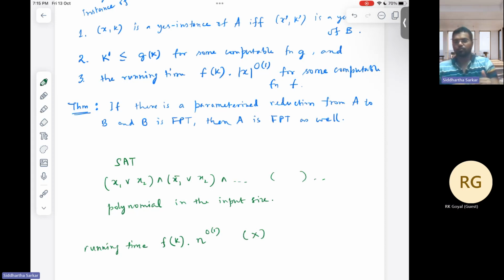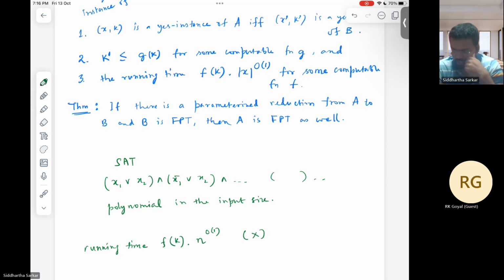But even if you allow some multiplicative factor f of k, so you allow some more time which is dependent on the parameter, then also you're not able to answer the question whether it's a yes instance or a no instance. But then this entire running time is a polynomial, and moreover, this is linear time, because k is something which is not dependent on n, I think, or is this dependent on n?